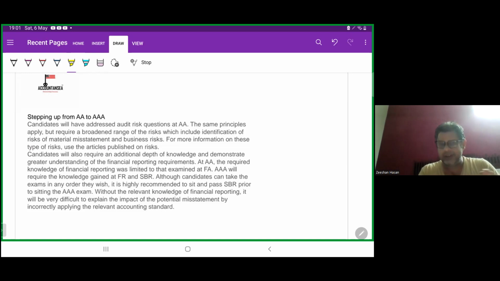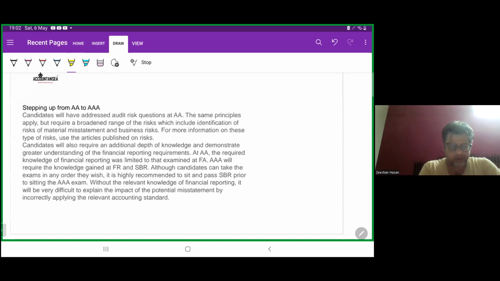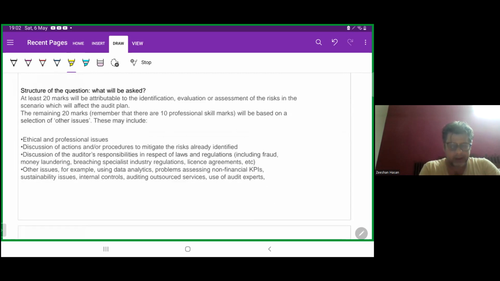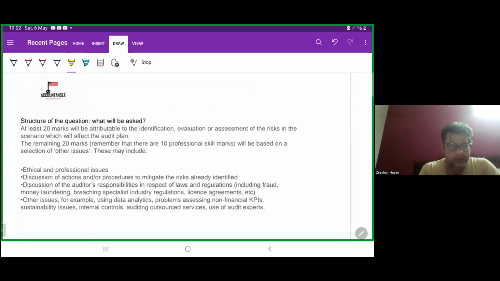So prior to sitting the Advanced Audit and Assurance exam, without the relevant knowledge of financial reporting and strategic business reporting, it will be very difficult to explain the impact of potential misstatement caused by incorrectly applying relevant accounting standards.